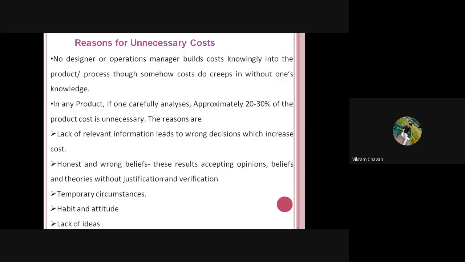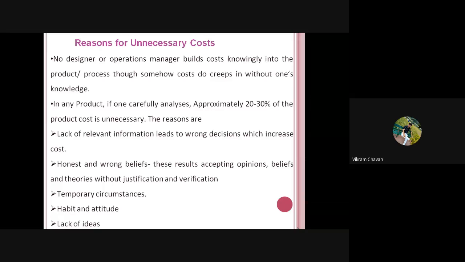Because designing is a creative part. If you are designing anything, let us consider a thief, in that case also you require some creativeness. If you take the example of a Chinese product, how creative they are.